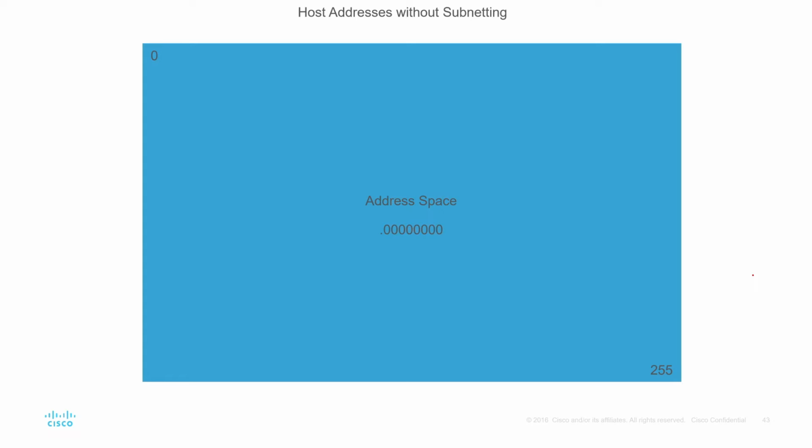The first 3 are fixed, so you have no control over those. So in the address space, 0 would be my network, 255 would be the broadcast. And I would have 254 hosts between those two.